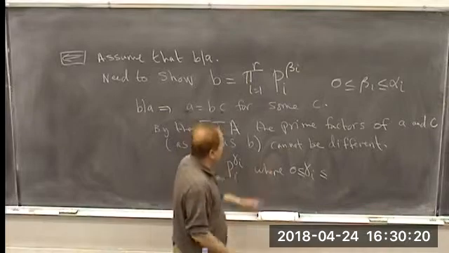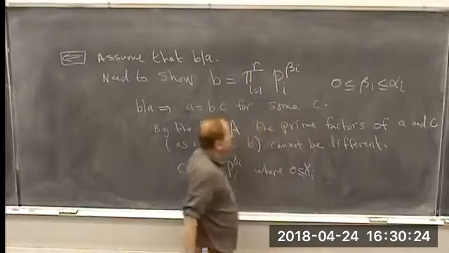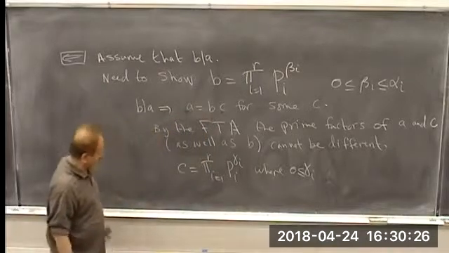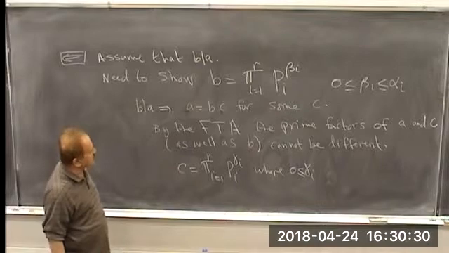I don't want to put any restriction on this. That's all I'm saying. So these are going to be bigger than or equal to 0. Some of them are actually equal to 0.